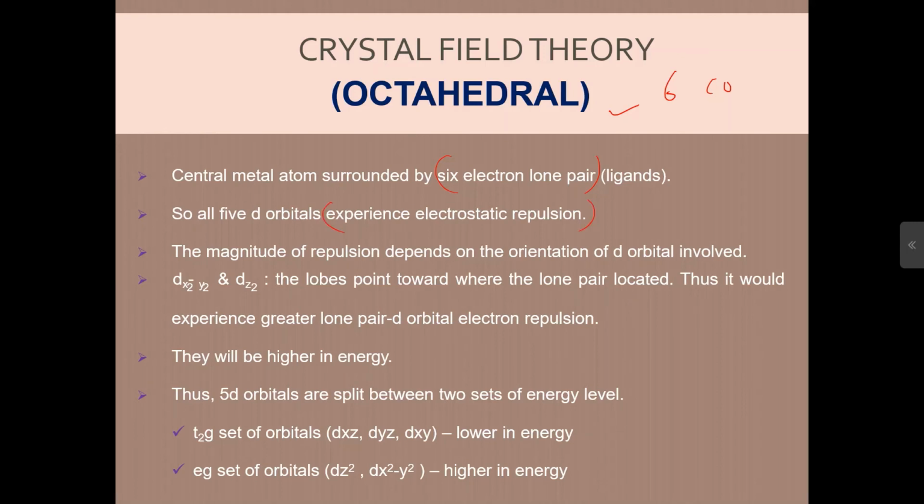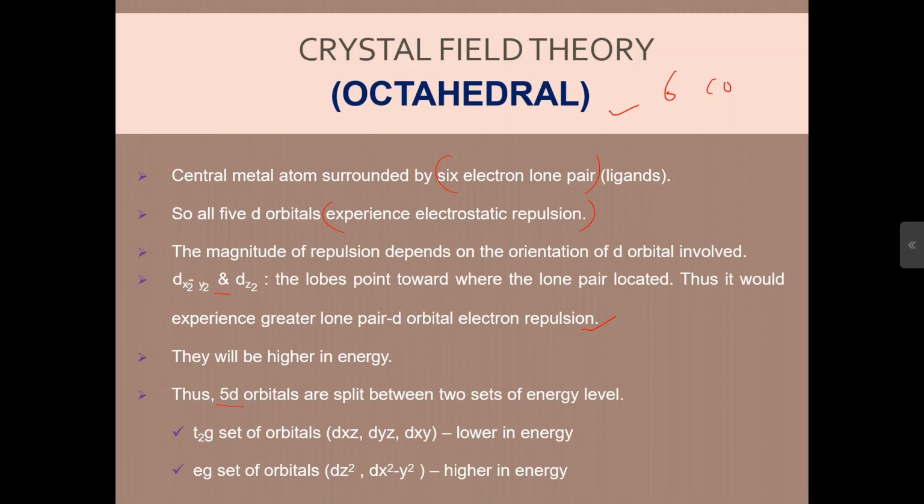The magnitude of repulsion depends on the orientation of the d orbital involved. For dx squared minus y squared and dz squared, the lobes point towards where the lone pairs are located. Thus, they experience greater lone pair, d orbital electron repulsion, and they will be higher in energy.